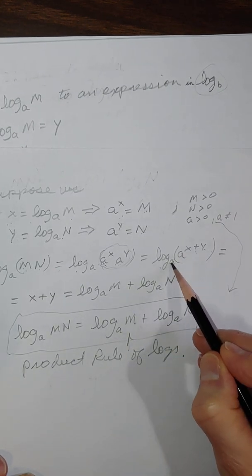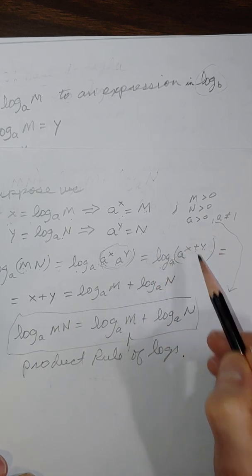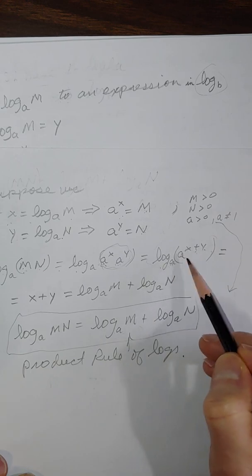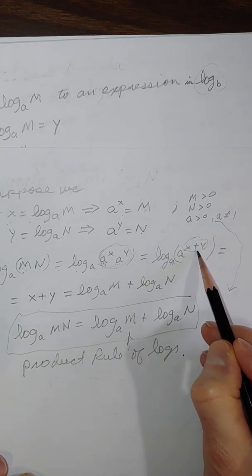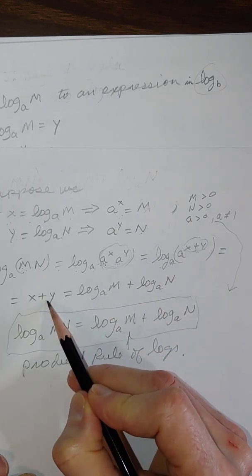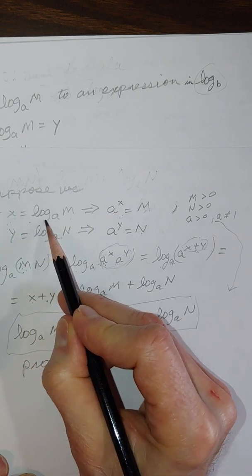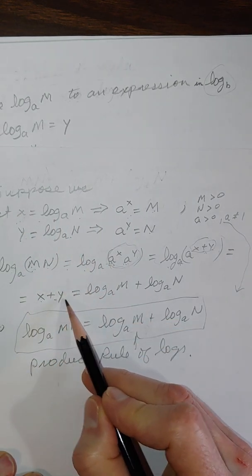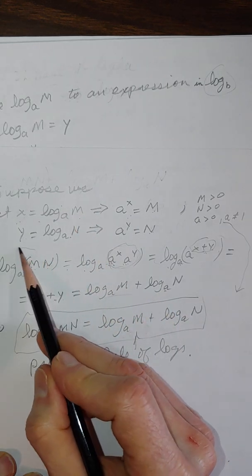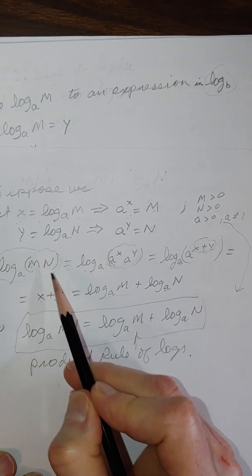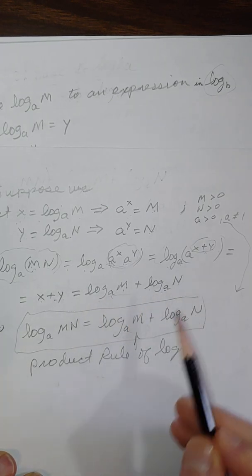These two a's are the same. Or you can think of this as the exponent we put on a to get a to the x plus y. But this is a composition of inverse functions like I just spoke about a minute ago, and we're going to get the exponent back. That's just equal to x plus y. And since x equals log base a of m, and y equals log base a of n, we can substitute those back in. So look what we have. Log base a of m times n equals the sum of log base a of m and log base a of n.